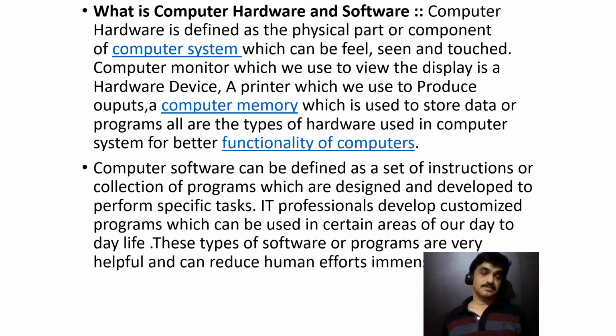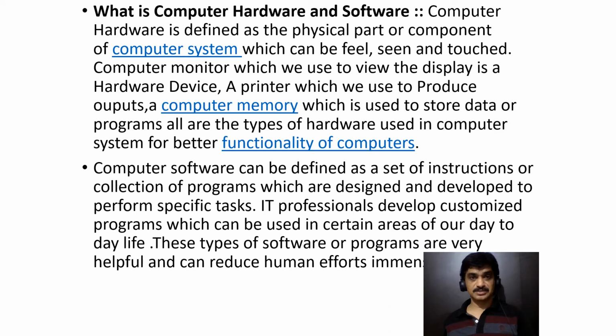Okay, briefly we understood the components of the computer. Further, it is divided into computer hardware and computer software. What is computer hardware? Hardware is the physical component of a computer. Computer hardware is defined as the physical part or component of the computer system which can be felt, seen and touched, right?